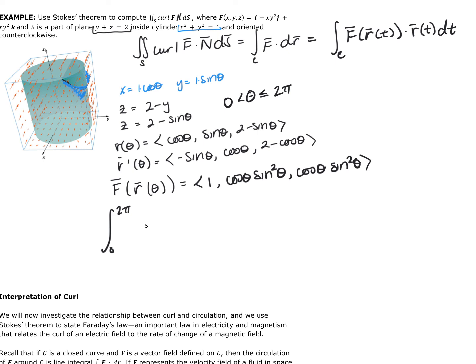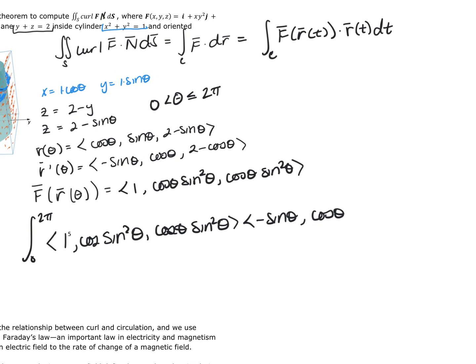So from 0 to 2 pi of 1, cosine the sine squared theta, the cosine theta sine squared of theta, dotted with negative sine theta, the cosine of theta, and then 2 minus the cosine of theta, d theta.